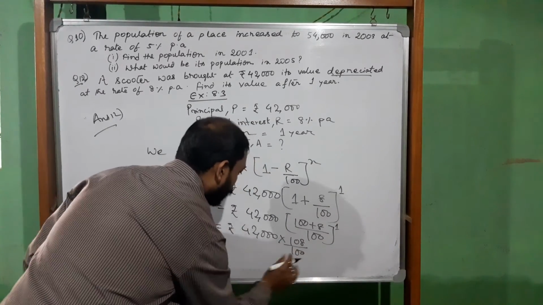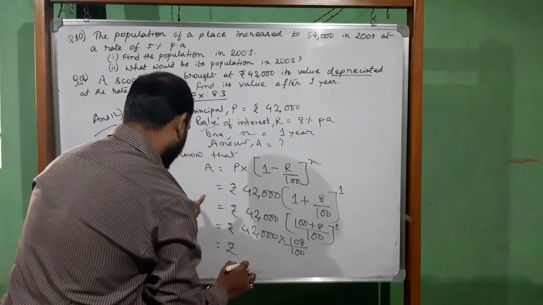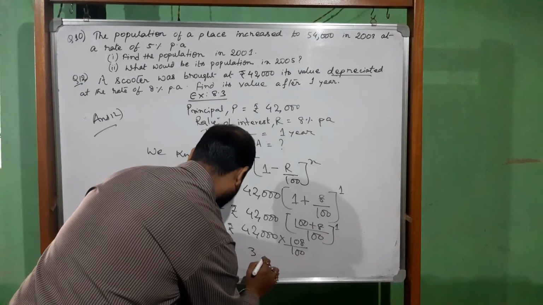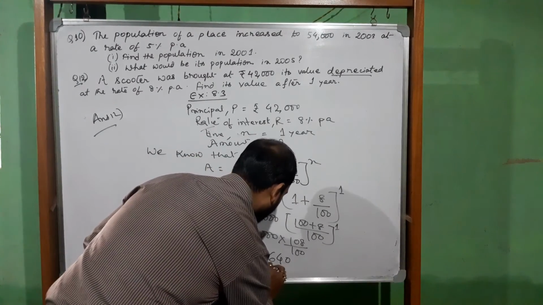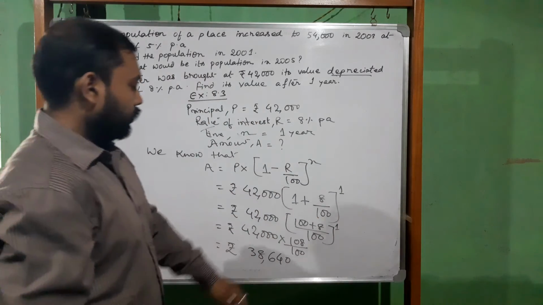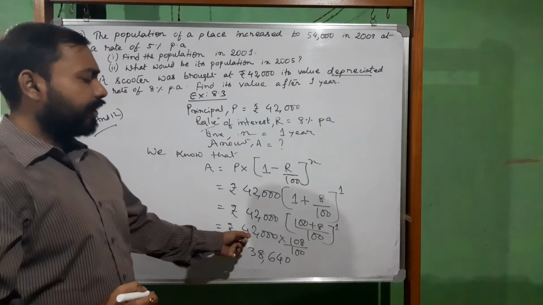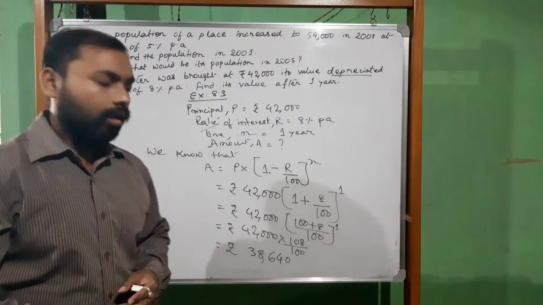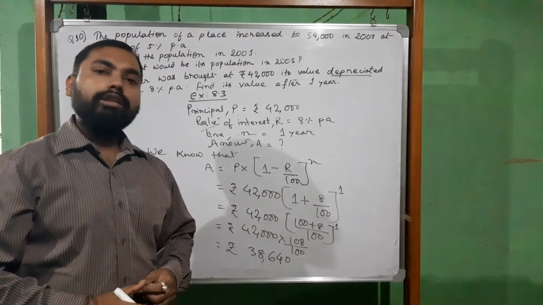So the amount will be 38,640. After reducing you will get the amount as 38,640. I am not reducing because all of you know how to reduce, so I am directly writing the answer, 38,640.